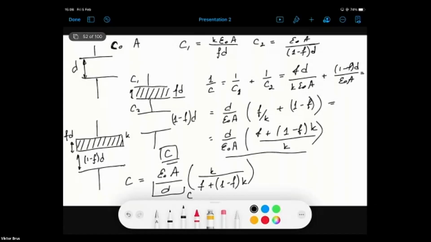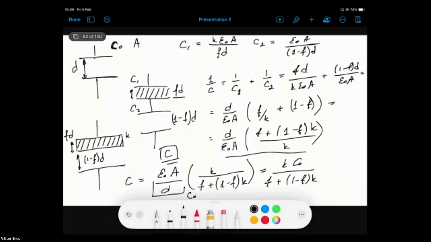You see that this is actually our C0, the capacitance of the capacitor before we put the dielectric inside. So we can write C equals K times C0 divided by F plus 1 minus F times K. So this is the final equation which answers the question, what will be the equivalent capacitance.